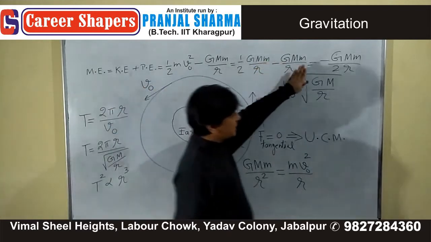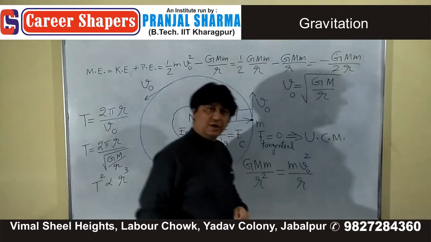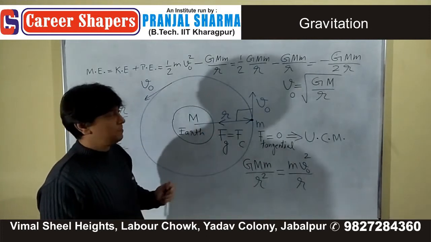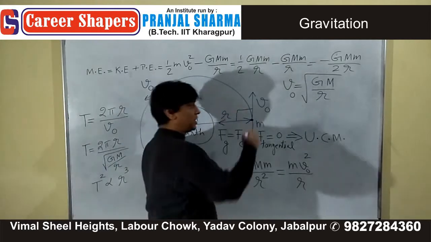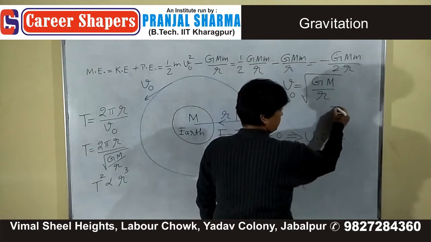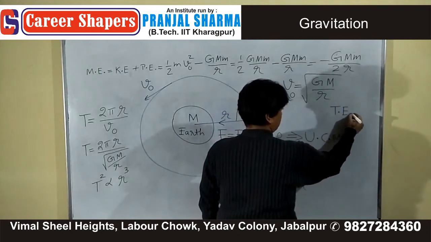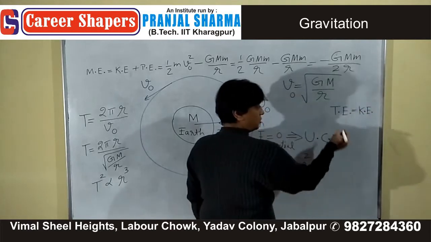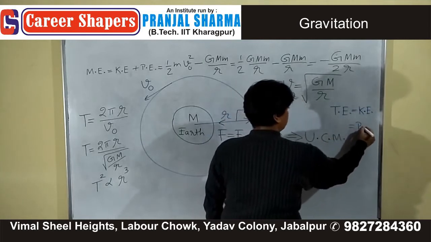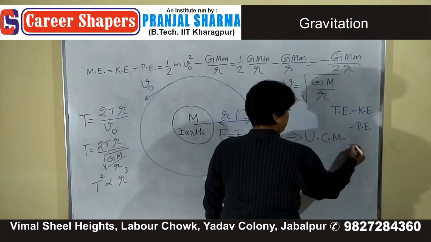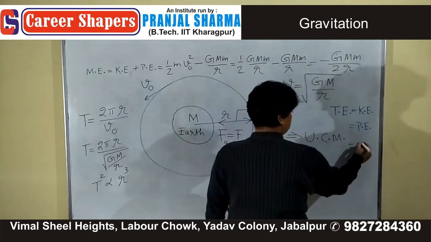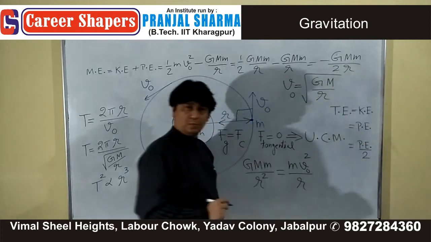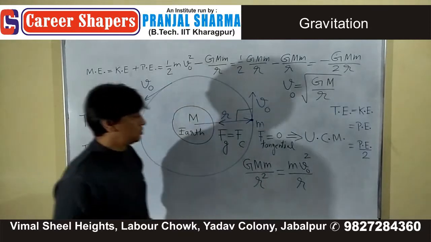Now, on this gravitational potential energy, they can ask you a few objective questions. What type of objective questions they can ask you? Look here. They will ask you that total energy is K. Total energy is P. Total energy is P divided by 2, potential energy divided by 2.